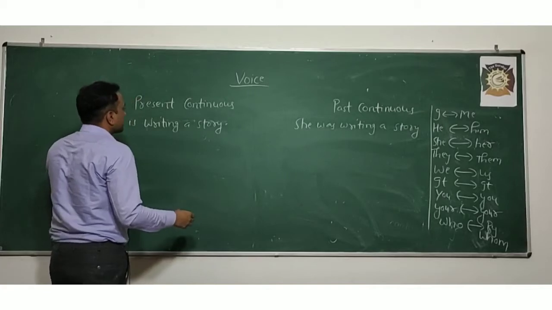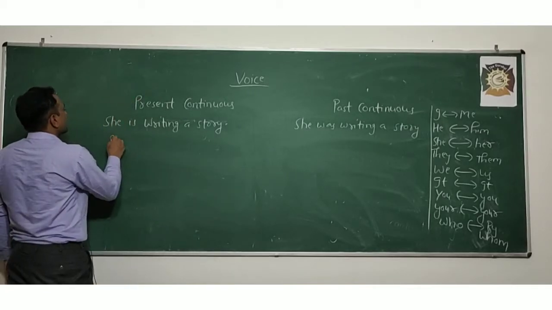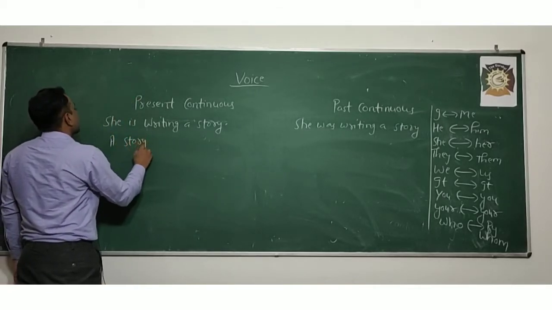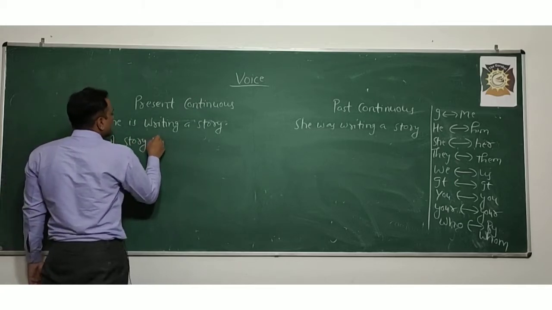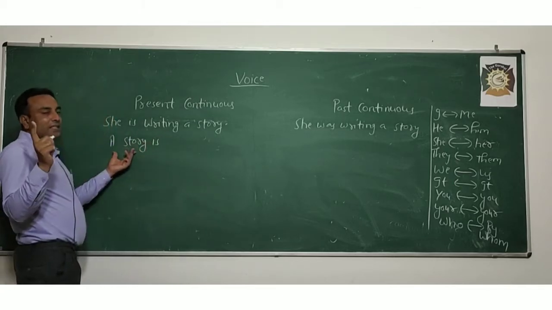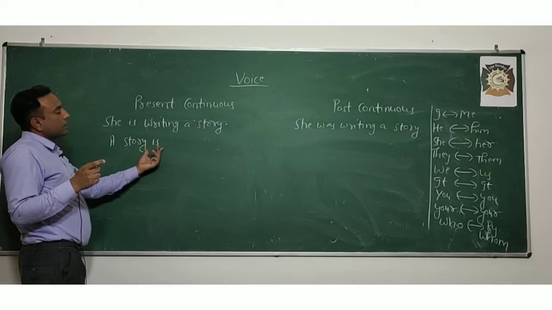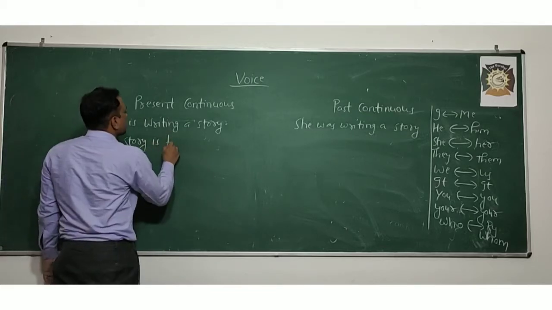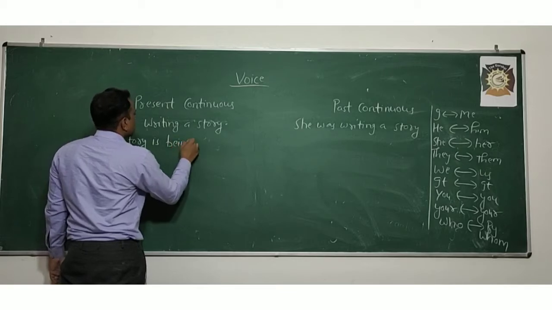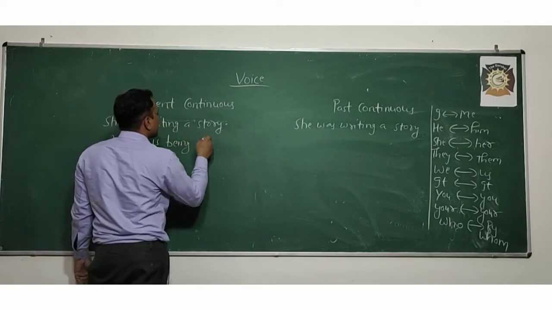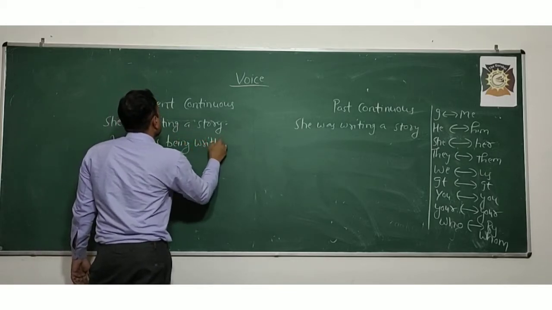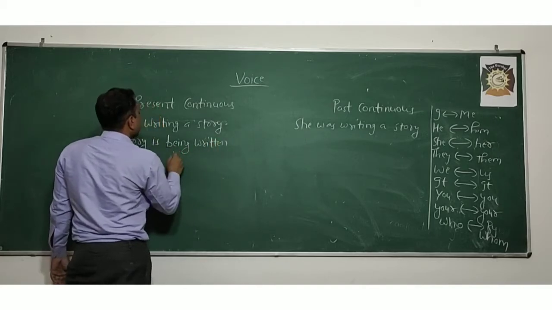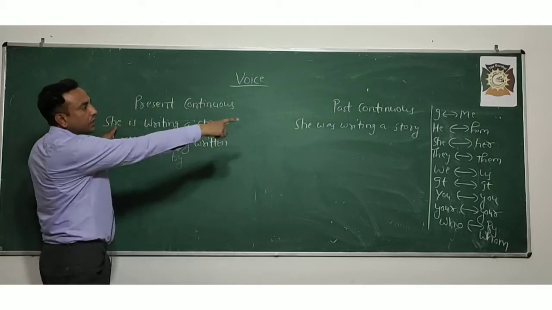So how will you change it? A story is, because a story is singular, so the helping verb is the be form, so we will use is. A story is, then being, then the third form of the verb write: write, wrote, written, by, and she changes into her. I have written it here.